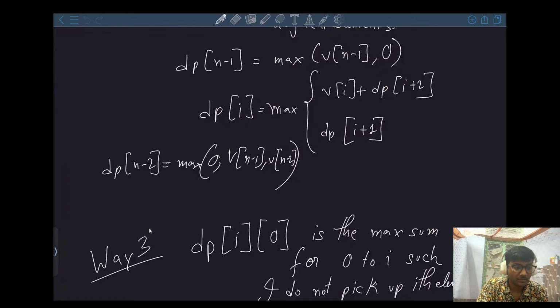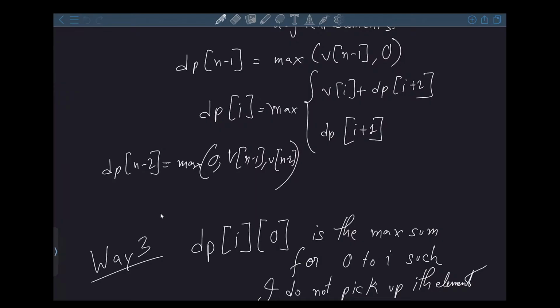Let me just do something here. Maybe I can reduce the resolution. Otherwise, this is affecting the quality of the data being streamed.